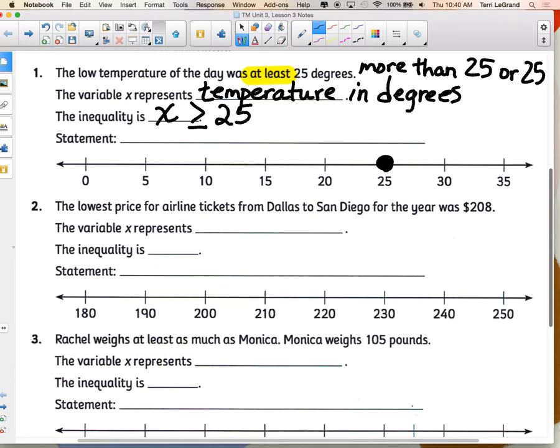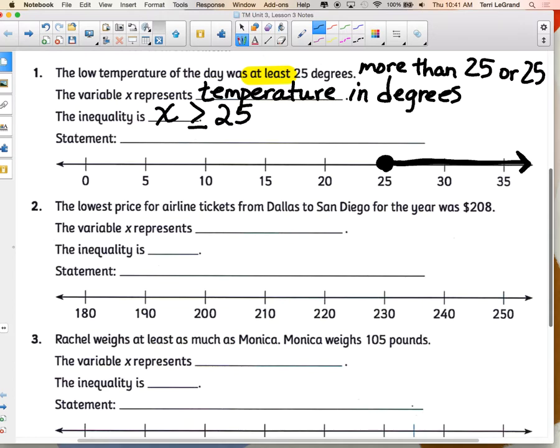Our inequality says our temperature is greater than or equal to 25. There's the equal to part when we shade the circle in. The numbers greater than 25 go this direction, don't they? Take some number from that side of 25 and decide, does that make sense? Okay, 30. So if the low temperature of the day was at least 25 degrees, could it have been 30 degrees outside? Yes.